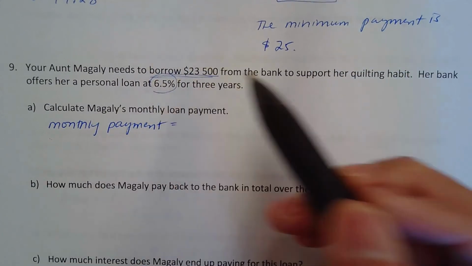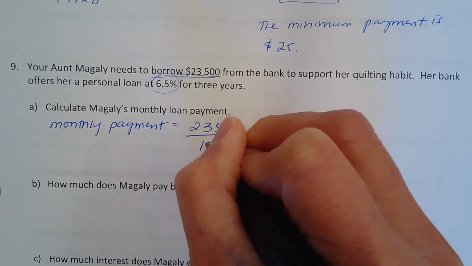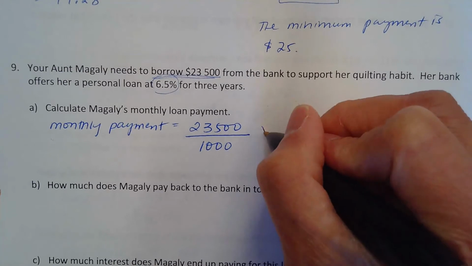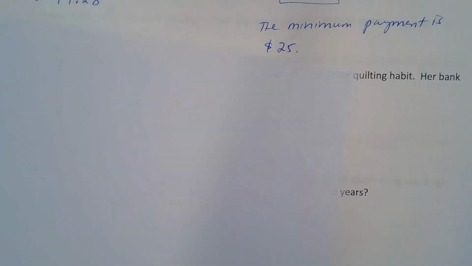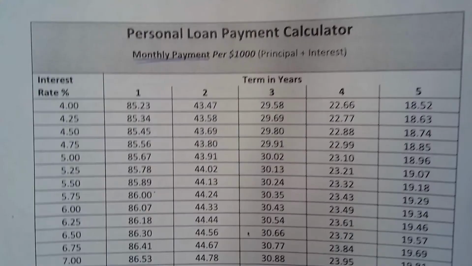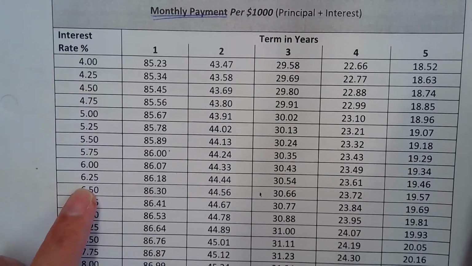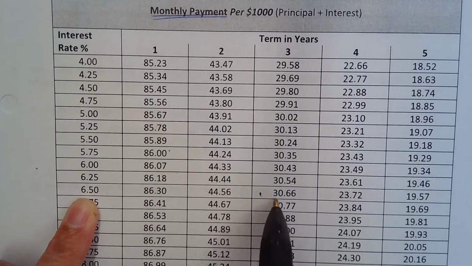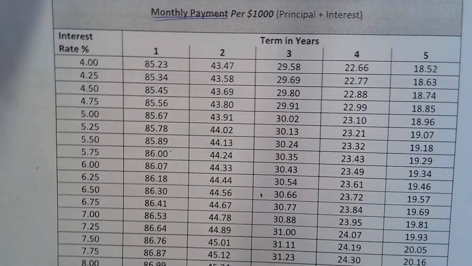The loan is something that we borrow, 23,500 divided by 1,000, because that's what it says, our formula per 1,000, times, okay, what's our amortization? 6.5 for 3 years. 6.50 for 3 years, 3 years, 30.66.